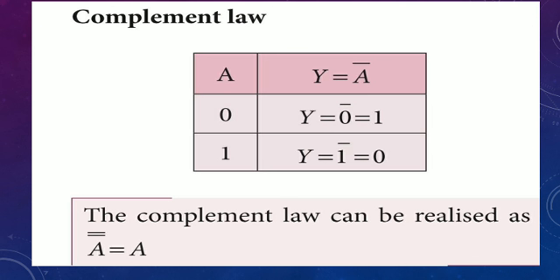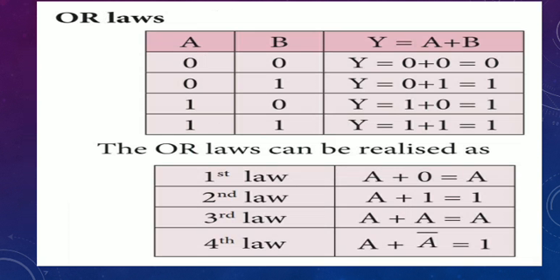Okay students, right. And next, OR laws. Please see this OR law, that is OR gate output. A plus B: 0 plus 0 is 0, 0 plus 1 is 1, and 1 plus 1 is 1.